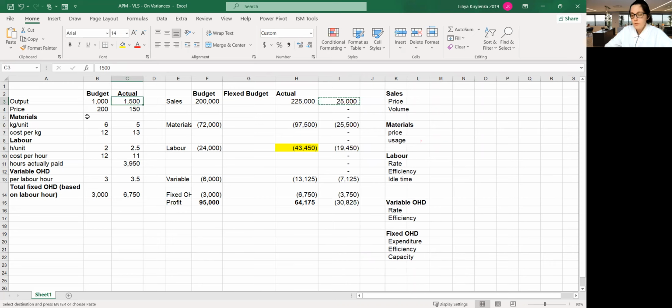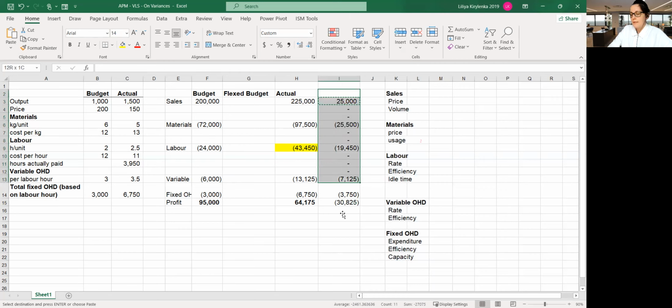If we come to, let's say, the production manager and tell them that they're to blame because cost of sales in terms of materials is 25,000 higher, they say, well, yes, it is supposed to be higher. That is because we produced more. So what we need to do, we need to produce a flex budget.